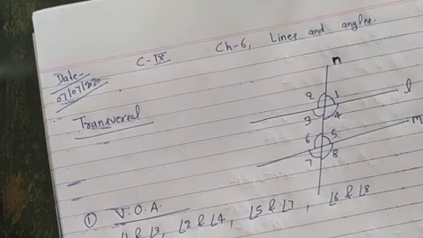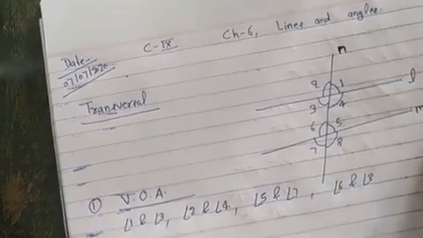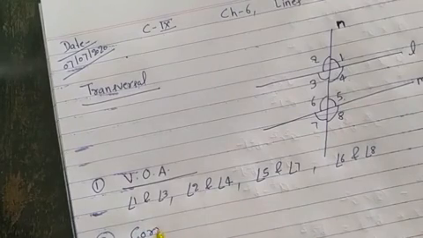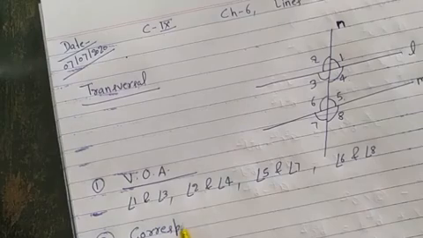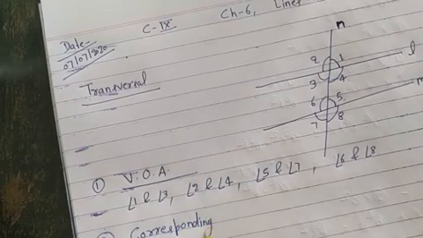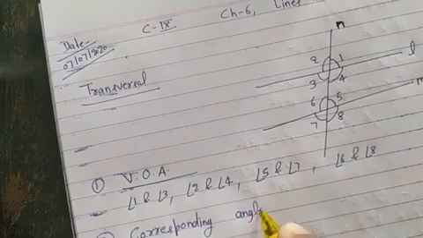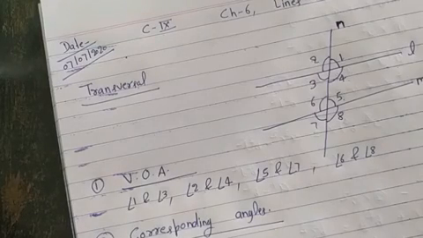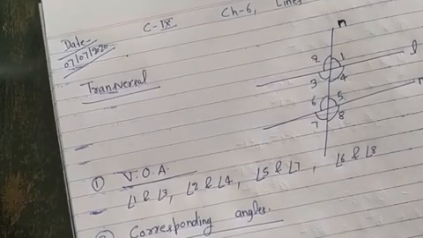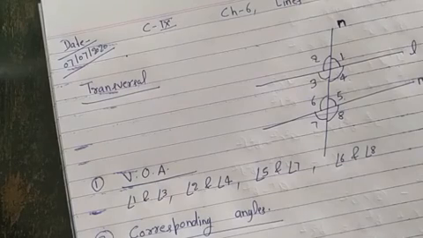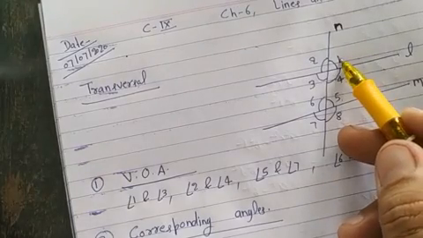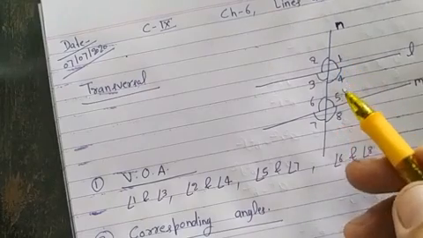Second is corresponding angles. Angles which are corresponding, like angle 1 is corresponding to angle 5.